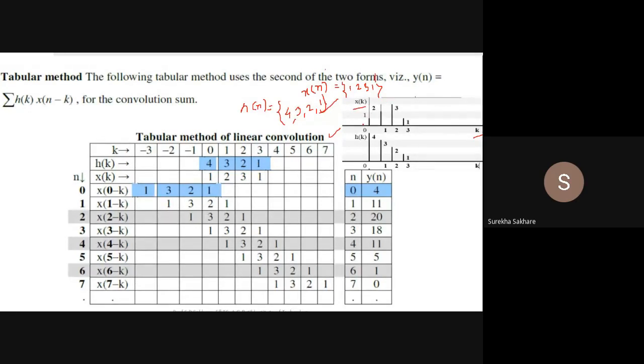The values will be the same: 1, 2, 3, 1. Again here hn is changed to hk. The index is moving from 0 to 3 because I have 4 samples in both. So now I have my starting graph ready. Even for tabular I will require this conversion. So step 1 is over.